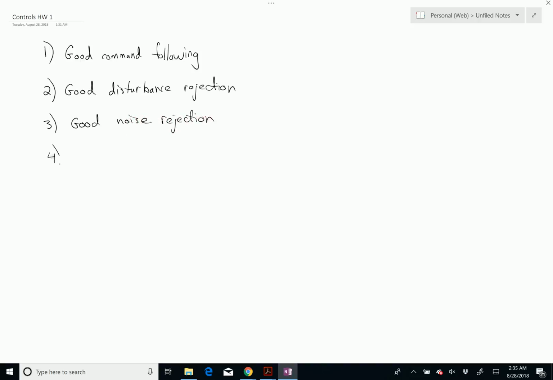I want good, or maybe I should say that better as low, not slow, low sensitivity to parameter fluctuations. And then five, I want stability.